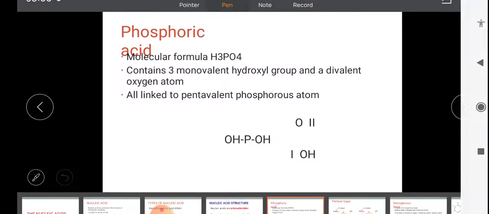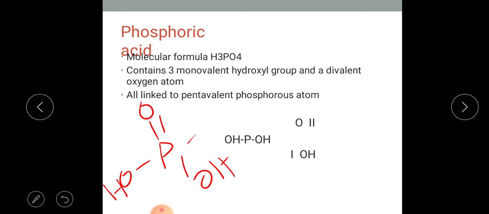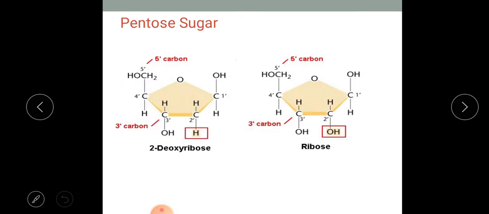Actually, what happens is P double bond O, single bond OH, single bond OH, single bond OH. This is your phosphoric acid. Clear? Okay, this OH is attached to your phosphorus.